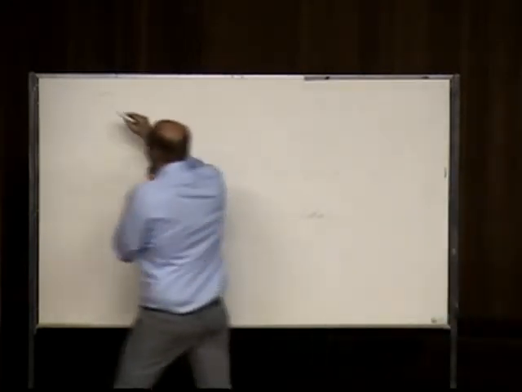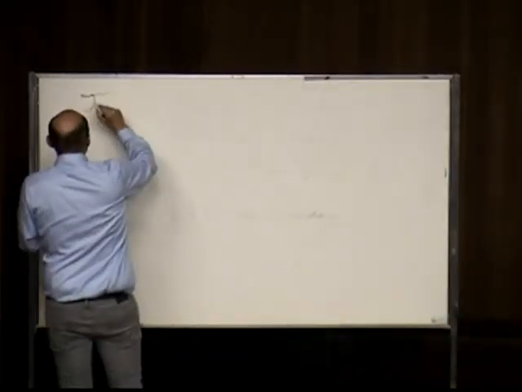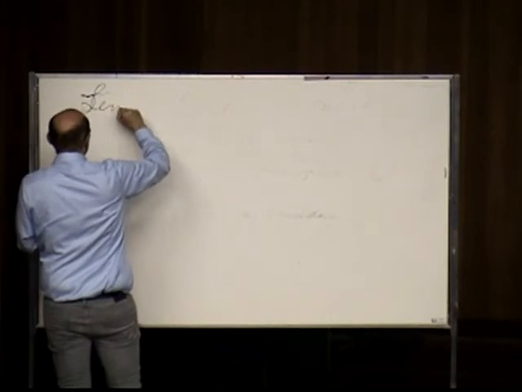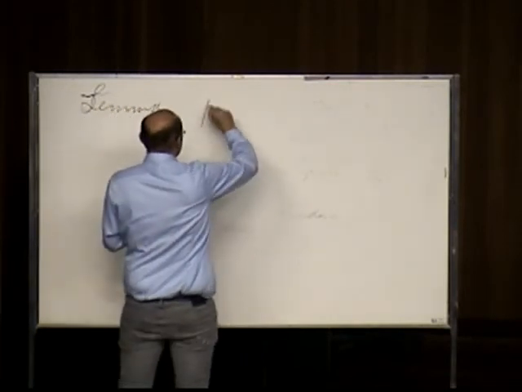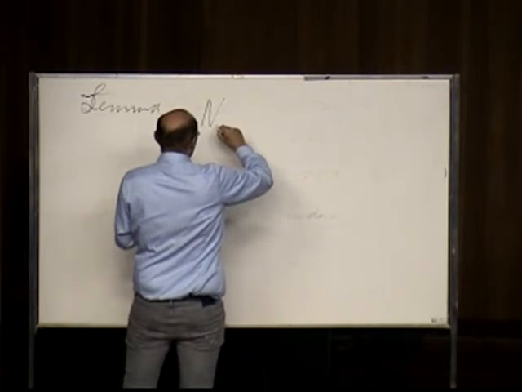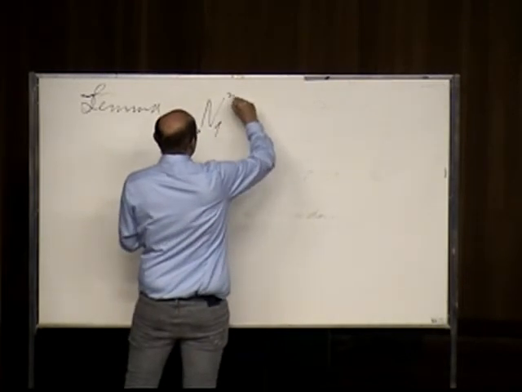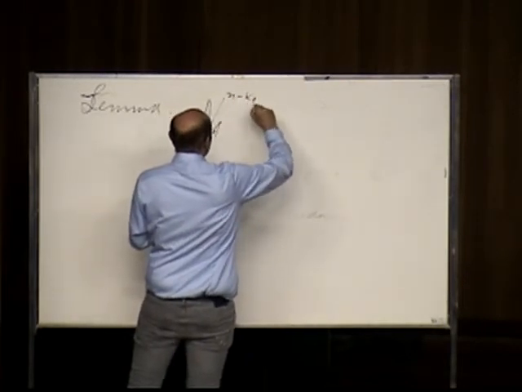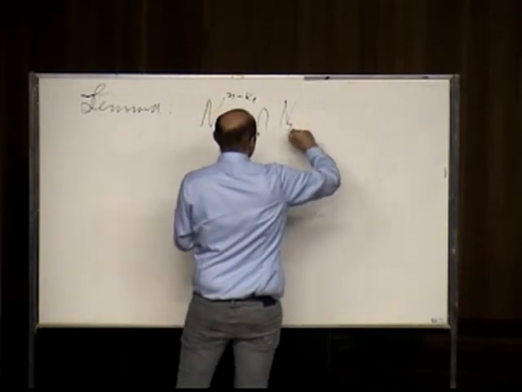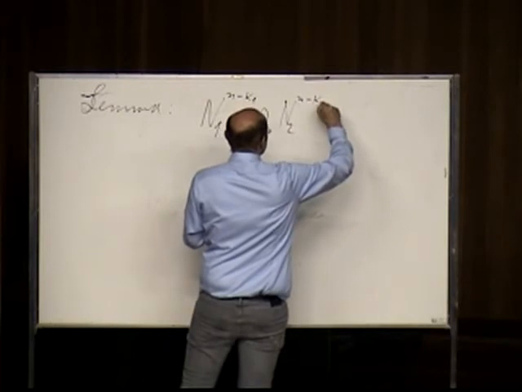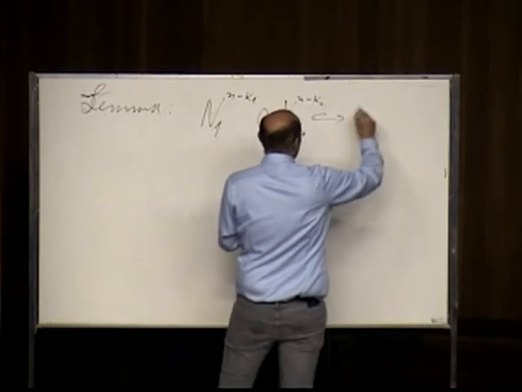Okay, so there's one theorem, a connectedness lemma. Let me just put the second version on. So it says that the intersection of N1 into N2.